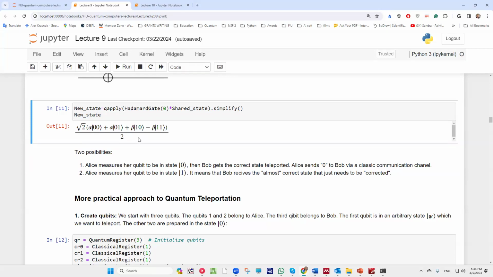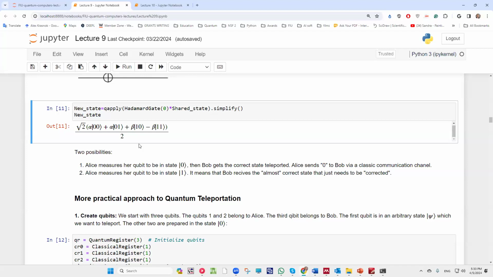It is 50% probability of teleporting the correct state, and 50% of teleporting the state which is almost the one we need, we just need to correct it.